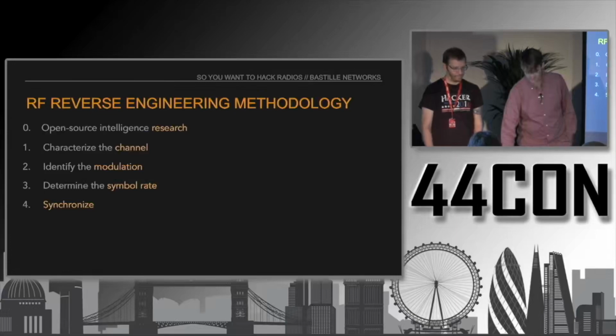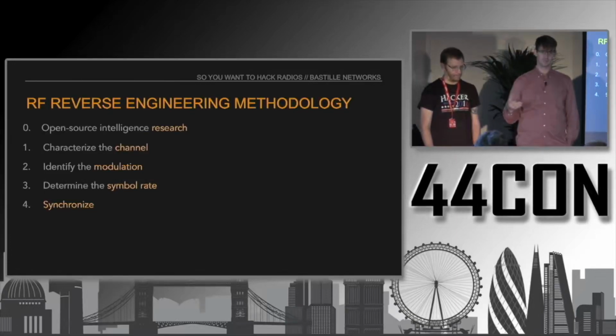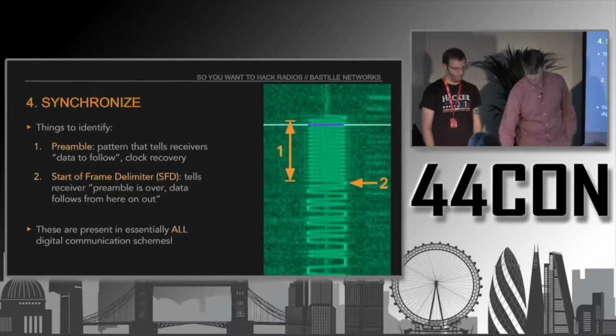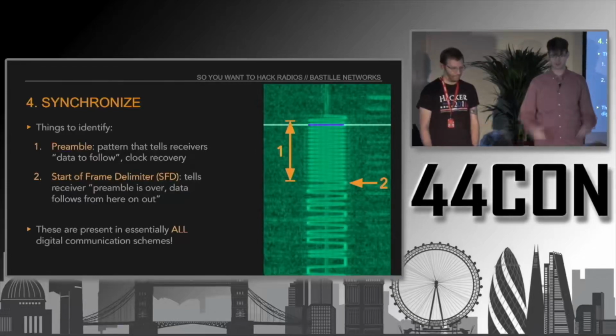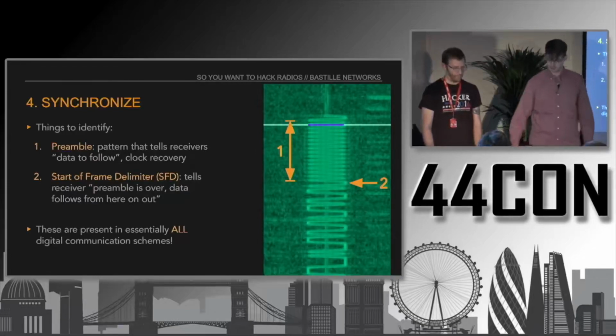Step 4 is to synchronize, and again, this gets into some of the more coding-heavy parts, where you can actually start to write software rather than drive tools to implement this part. This will be using things like the preamble and the start of frame delimiter to get our receiver to synchronize with the packet that's come in and figure out where to start sampling or where to start extracting the symbols from.